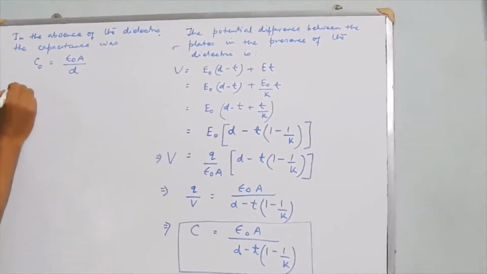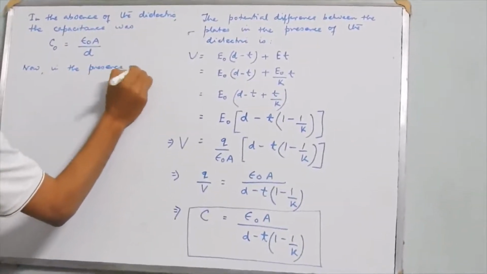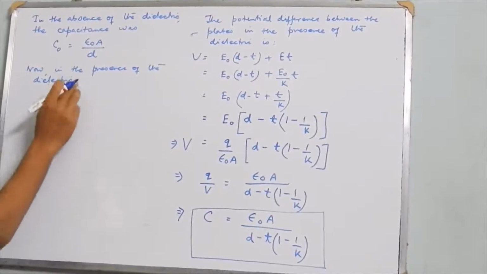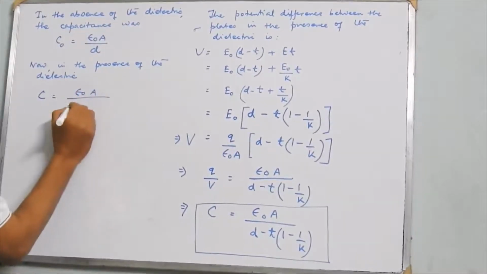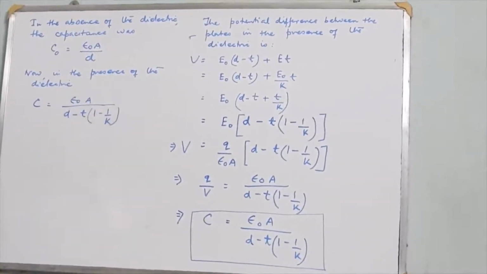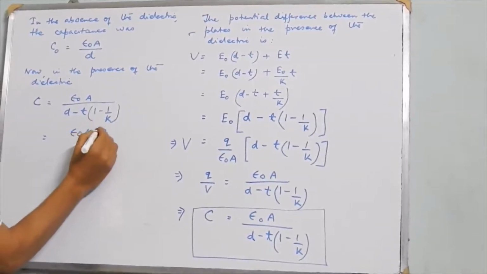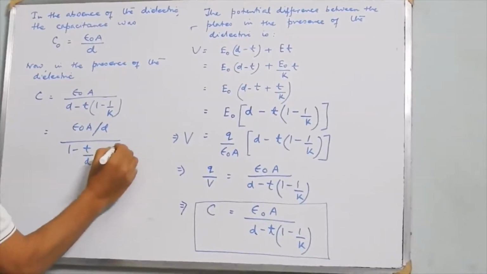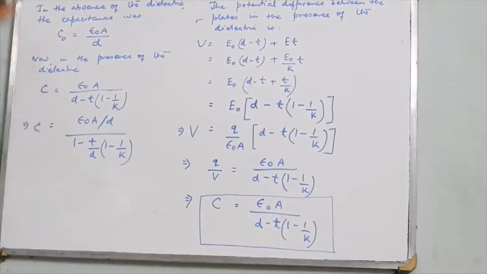Now in the presence of the dielectric, the new value of the capacitance is C equal to what we have got here, epsilon 0A divided by D minus T times of 1 minus 1 by K. Now from the denominator, if I take D as common, I can write it as epsilon 0A divided by D. I am taking D as common in the denominator, and this becomes 1 minus T by D times of 1 minus 1 by K. So epsilon 0A by D is obviously C0.